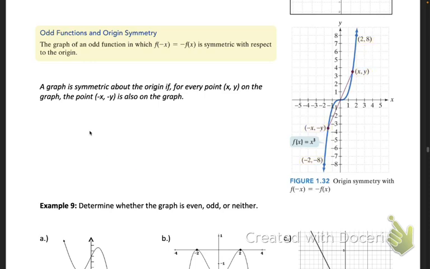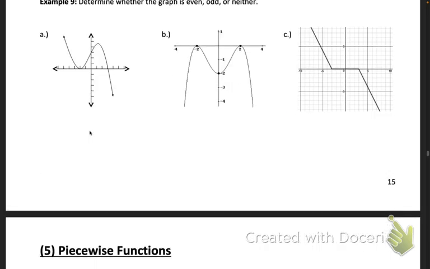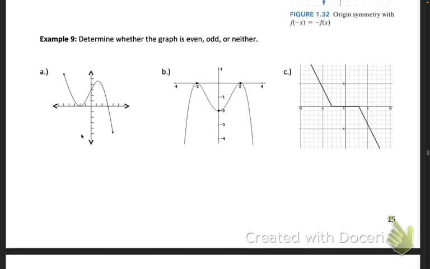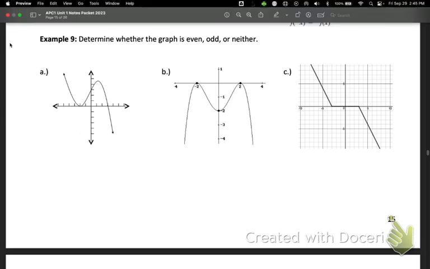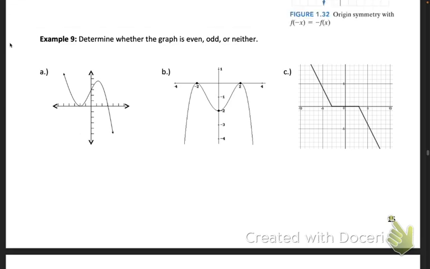So let's look at the graph and see if we can identify the symmetry on these last 3 examples. So for A, first we look, does it have y-axis symmetry? Definitely not. I can't fold it in half on the y-axis and have it match up. Then the next question is, does it have origin symmetry? So let's pick a point.